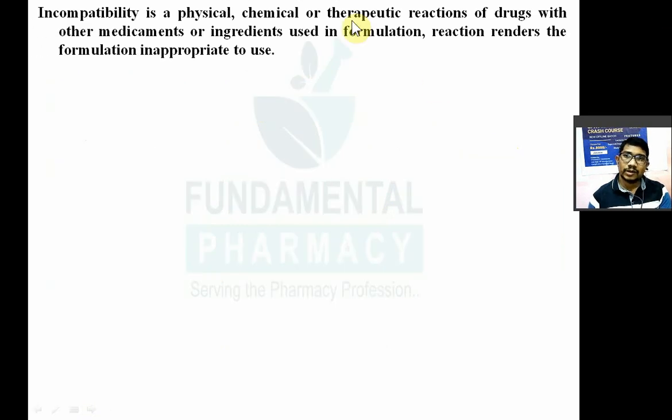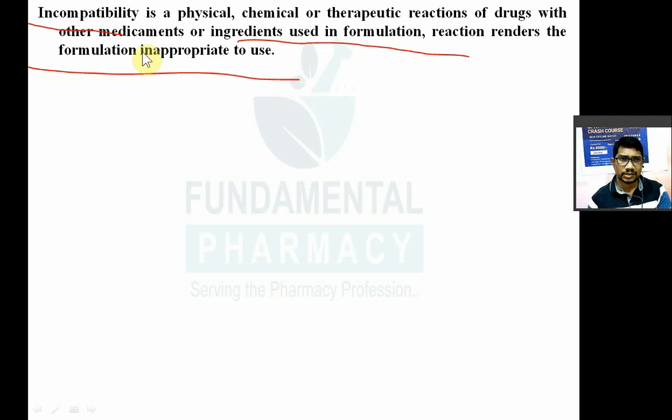What is incompatibility? Incompatibility is nothing but the physical, chemical or therapeutic reaction of drugs with other medicaments or ingredients when they are used in the formulation. This kind of interaction, physical, chemical or therapeutic reaction of a drug with another drug, or drug with the excipient, or drug with the ingredient, renders the formulation inappropriate to use, right?